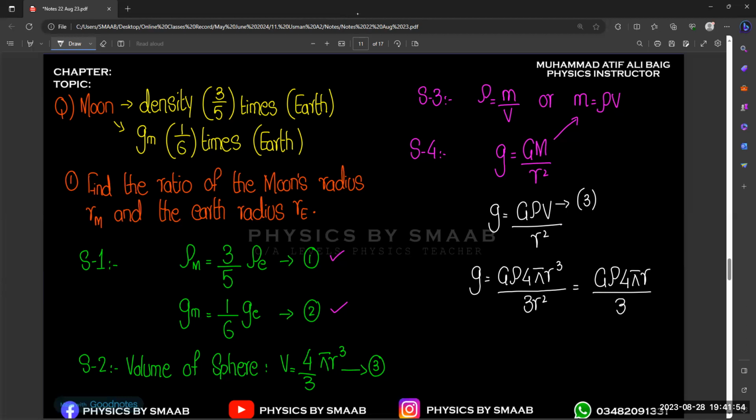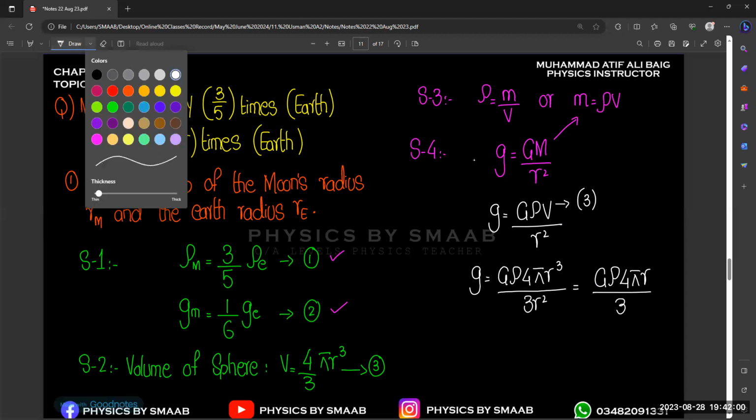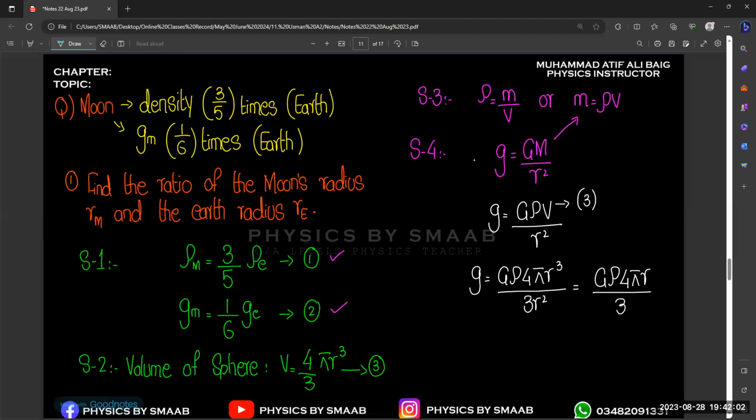Now we know that we need to find out the ratio of their radius. So what we need to do, we need to do like this. g on the moon divided by value of g on the earth, because we calculated the equation, right?